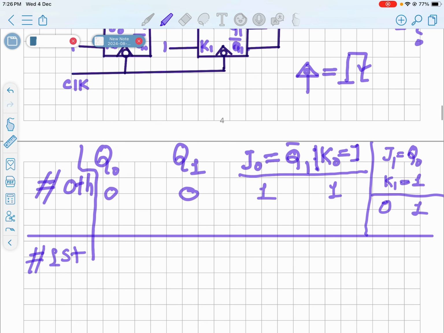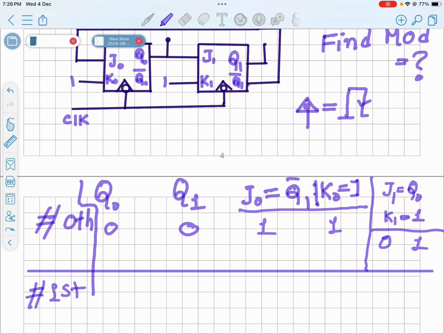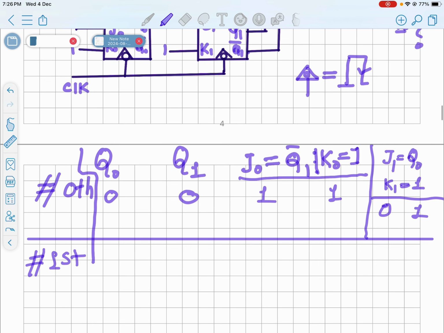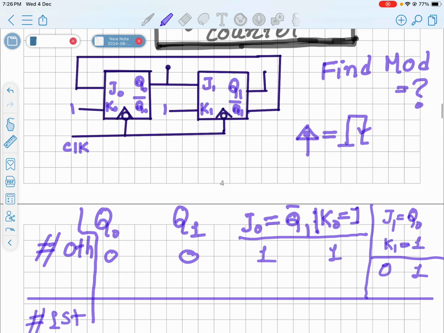Let us first assume that Q1 is the LSB here. See, the clock is given.